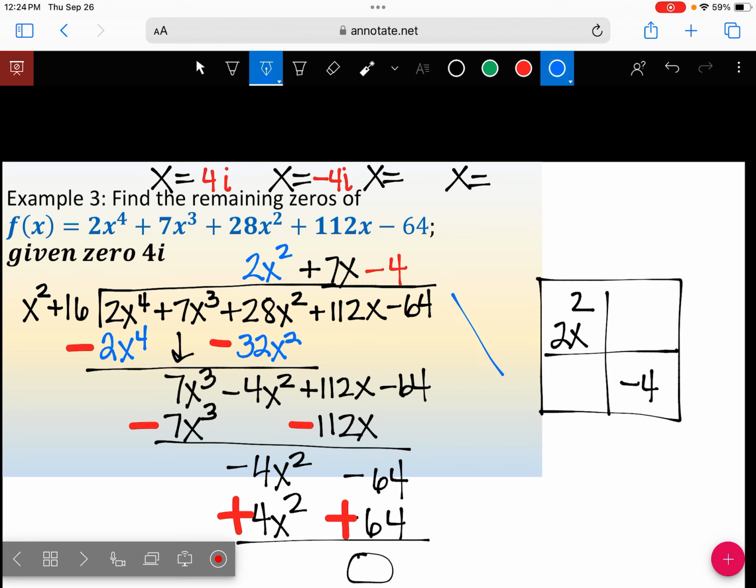So I need two numbers that multiply to be negative 8, but add to a positive 7. What would be my numbers? 8 and negative 1.